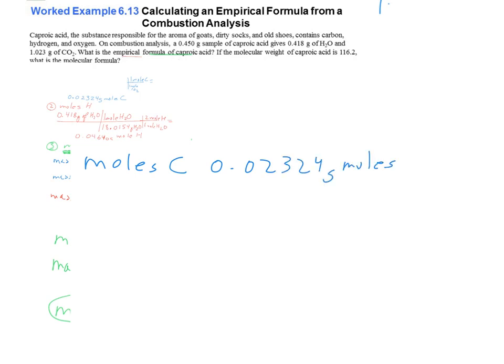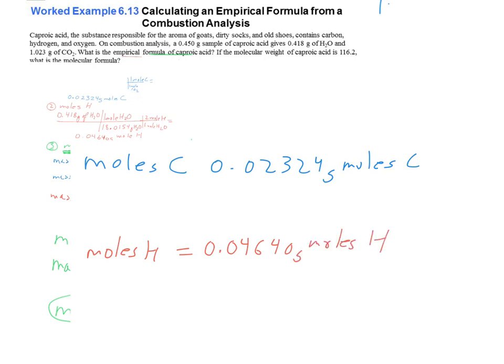Then in step 2, we got our moles of hydrogen, 0.046405 moles of hydrogen.